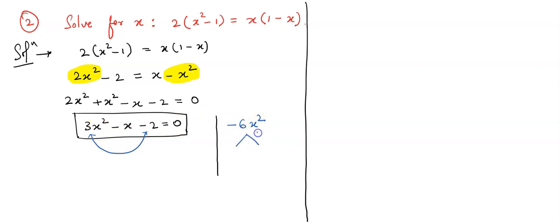Got it? Now in which tables do we get minus 6? Check in which tables we get minus 6 as the answer. We have the table that is 3 2s are 6. Children, try to see here the middle term. What is the middle term sign? Middle term sign is minus. In this 3 and 2, which is the bigger number? Bigger number is 3, right?